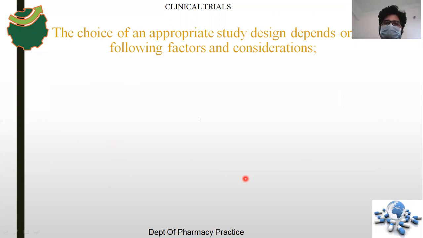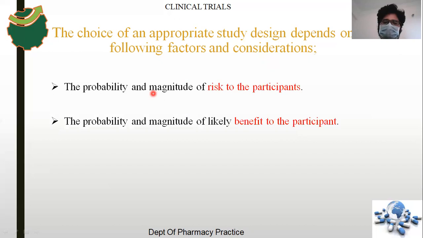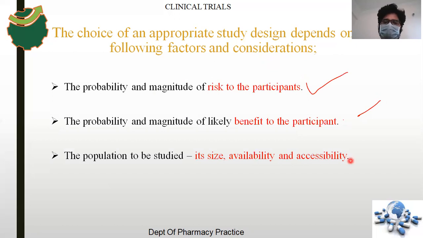Next, the other considerations, like the probability and magnitude of risk to participants. Next, the probability and magnitude of likely benefits to the patients. Next, the population to be studied, its size, its availability, and its accessibility. Everything should be checked. Now we'll discuss the parameters one by one.